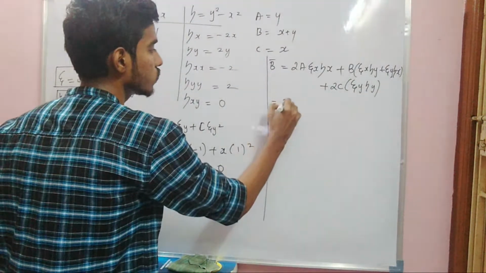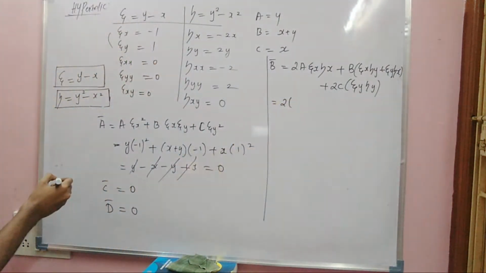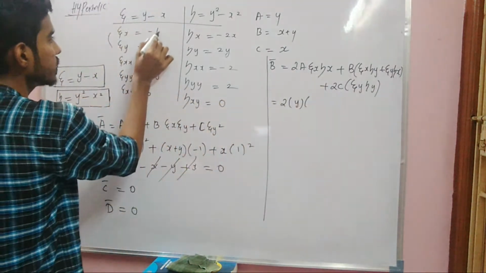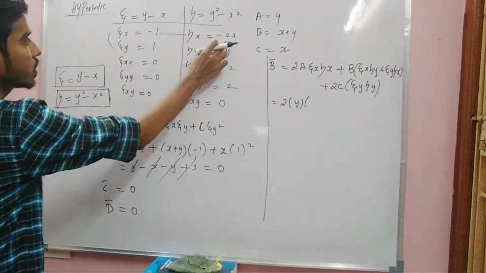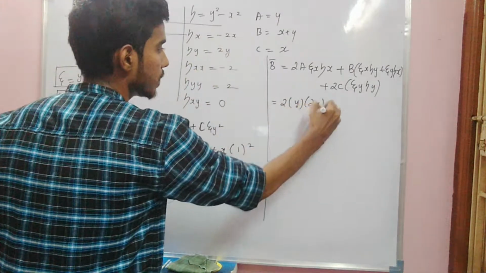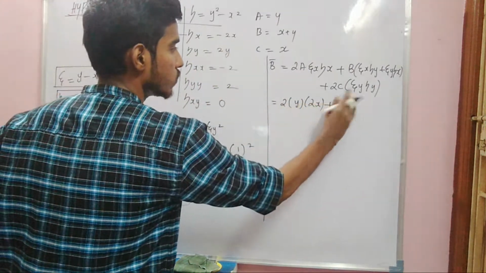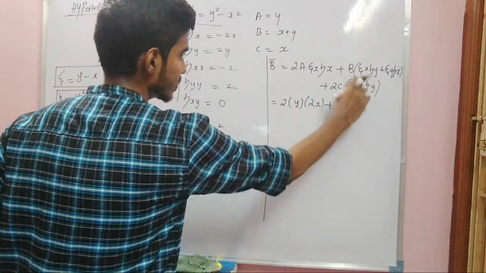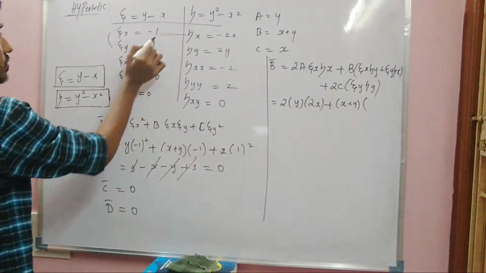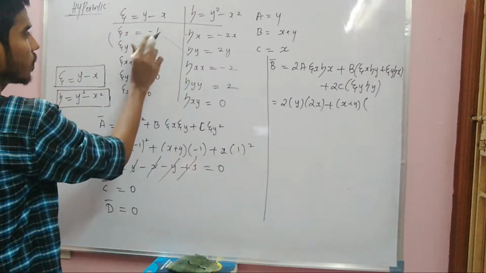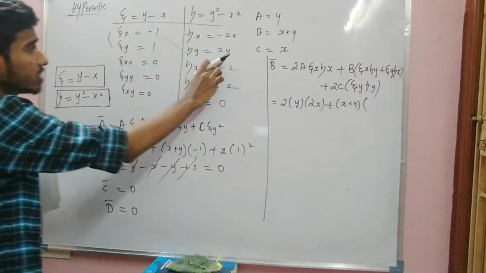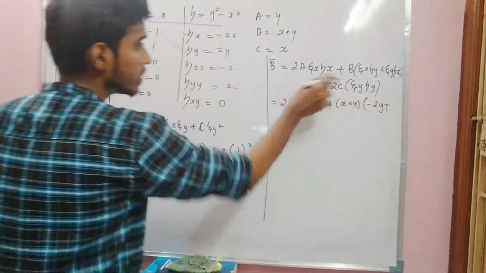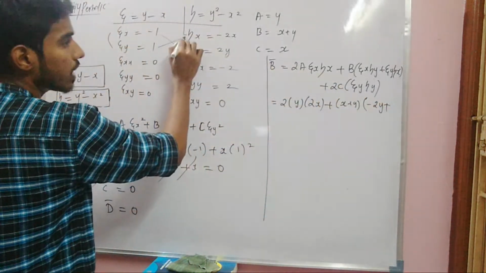So this will be 2 into, what is our A? Our A is y, theta x eta x, so theta x eta x is minus 1, into minus 2x. So it will be plus 2x, plus B into, so what? Our B is x plus y, theta x eta y, so minus 1 into 2y is minus 2y, plus theta y eta x.